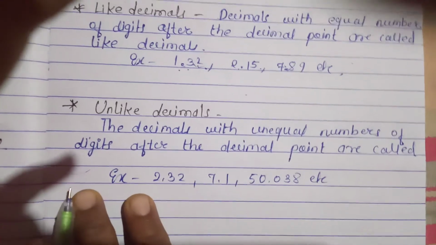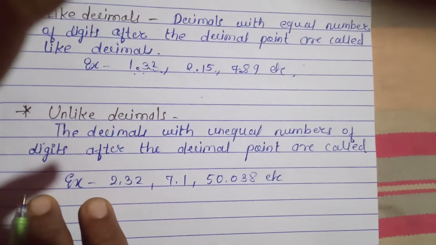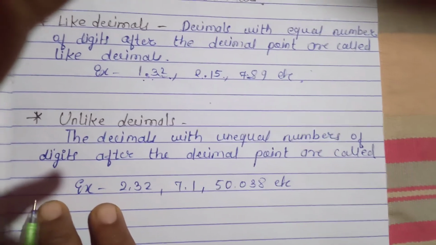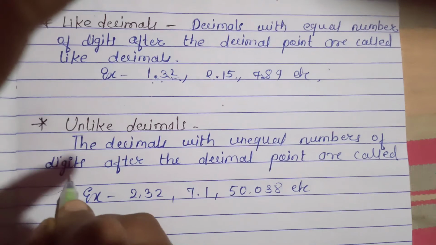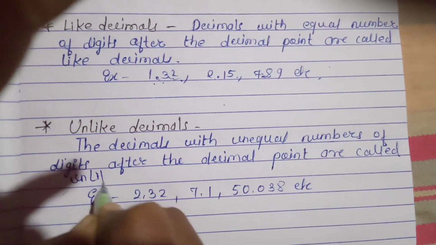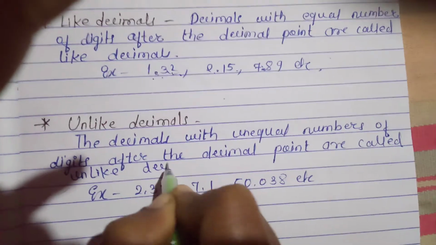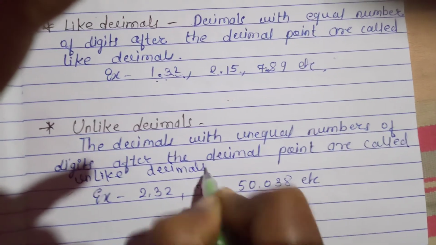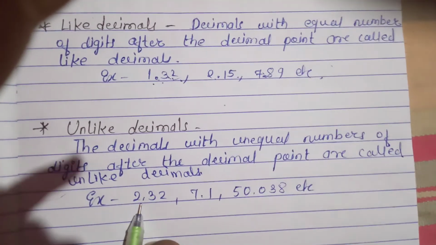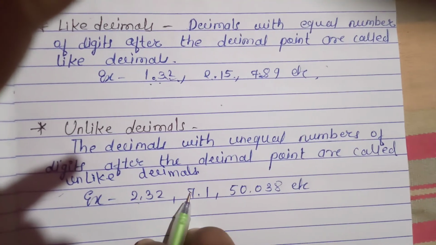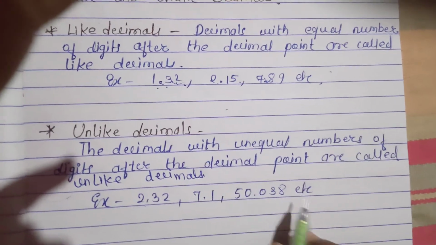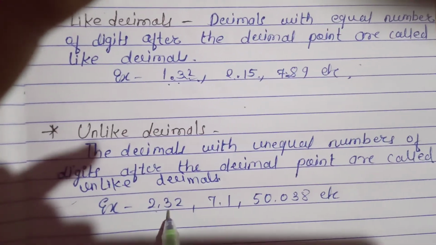And next one is the unlike decimals. The decimals with an unequal number of digits after the decimal point are called unlike decimals. So as you see in the example, 2.32 is there, 7.1, 50.038. The numbers of digits after the decimal points are different here.